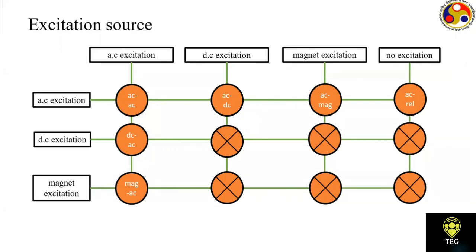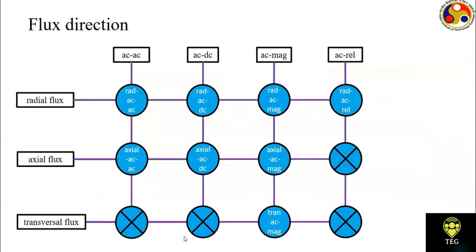So these are the classification of electrical machines that we can have based on the different types of excitations that exist. Now, we can also have further classification of the machine. This classification that we have on the screen is based on the direction of the magnetic field.